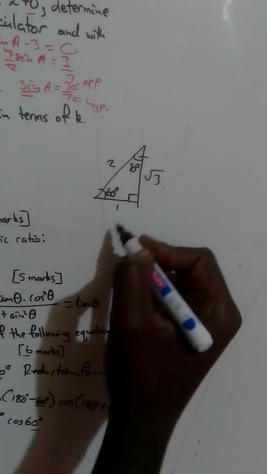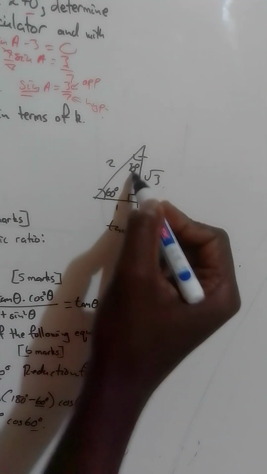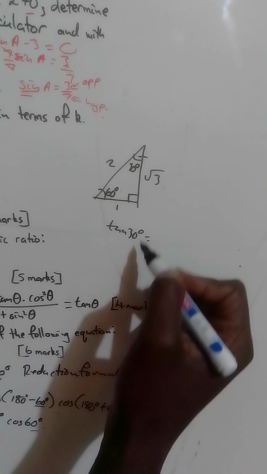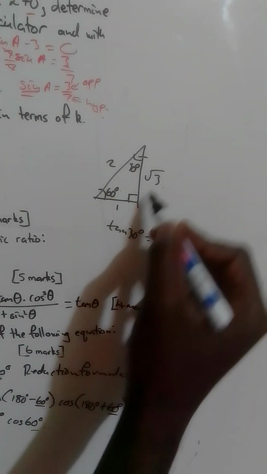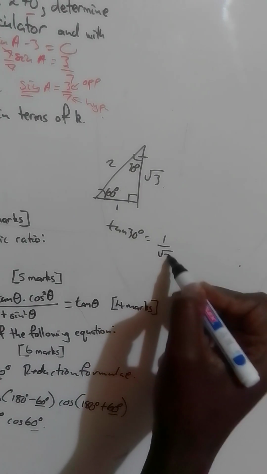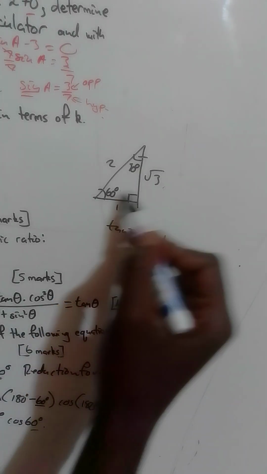Now, if I'm given tan 30 degrees, I look at what? This is 30. And tan says opposite over adjacent. Opposite is 1. My adjacent is square root of 3, right? So I'm updating on the other side that tan 30 degrees is equal to 1 over square root of 3, minus my sin 60. What is my sin 60? This is my 60 degrees.